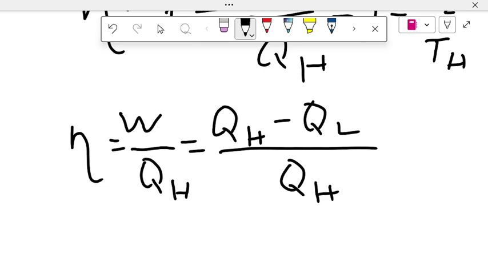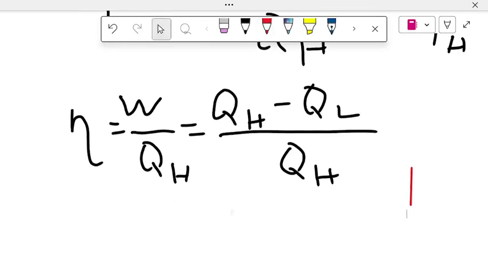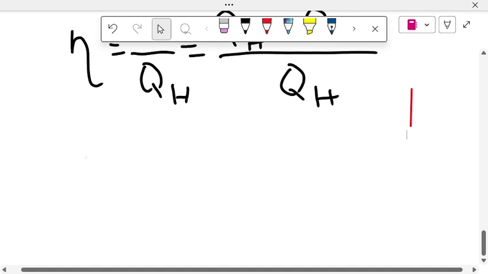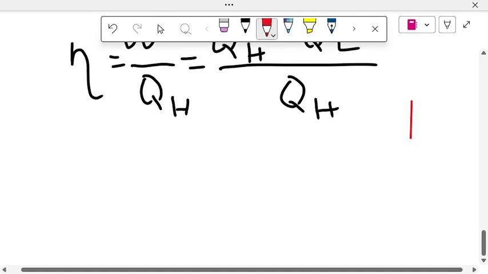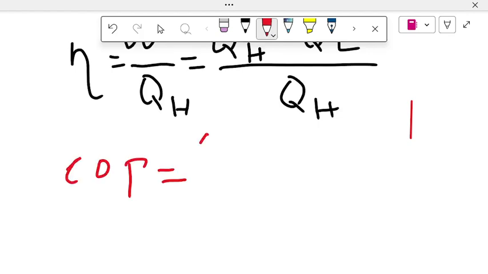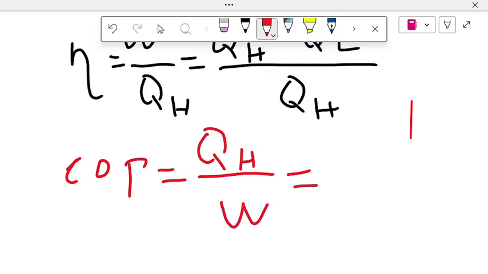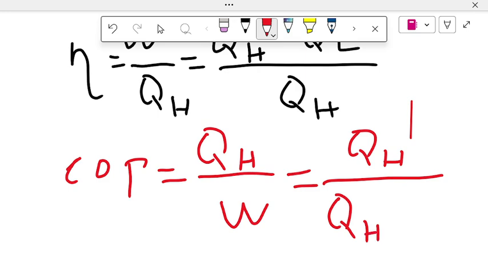Okay, but for the heat pump, the coefficient of performance they said is heat high divided by work done. So it is heat high divided by heat high minus heat low.